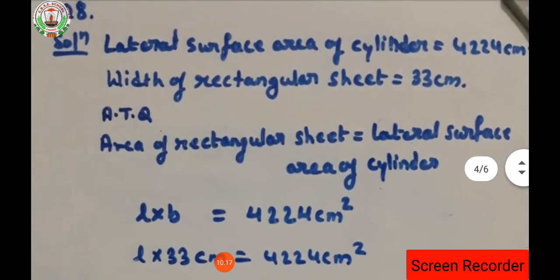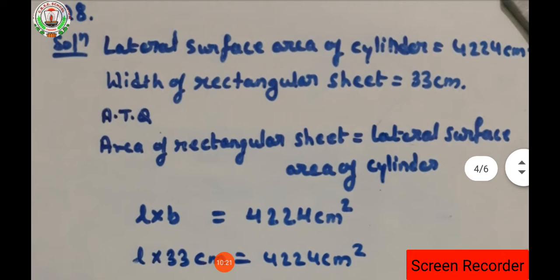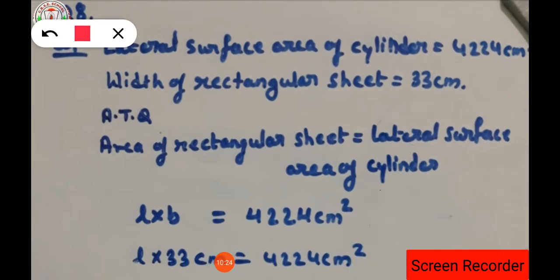In question number 8, the lateral surface area value is given. Here we are not going to find the lateral surface area because the value is already given. 4224 centimeter square is the lateral surface area of a cylinder, while the width of a rectangular sheet is 33 centimeter.